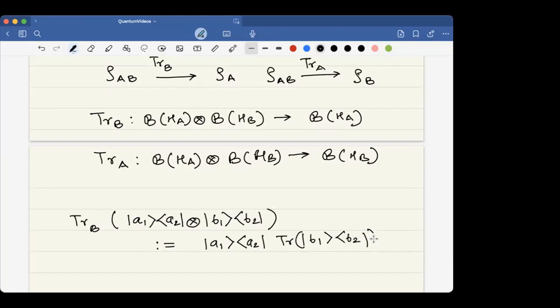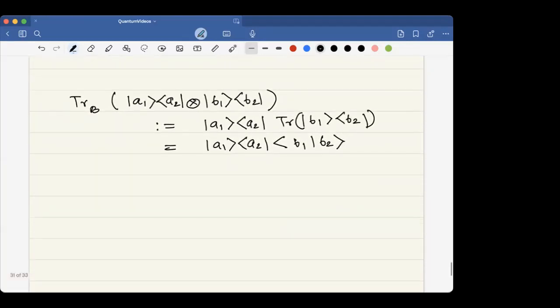We call this tracing out the second subsystem. So this is also equal to A1, A2 times the inner product of B1, B2. And then by linearity, you can extend this operation to any operator in HA tensor HB. So that's how the partial trace is defined.